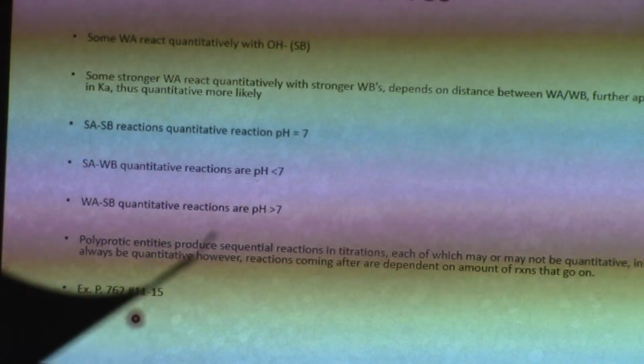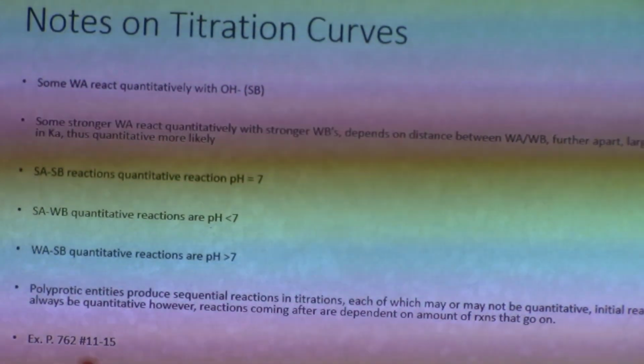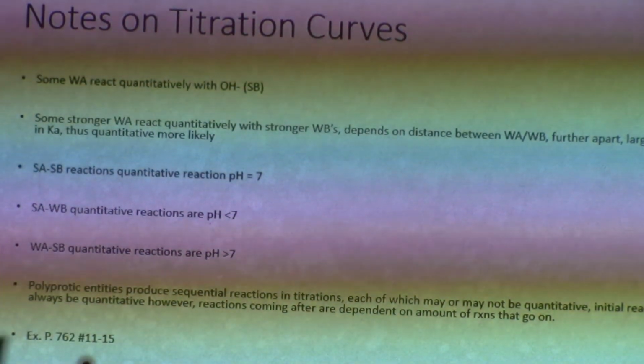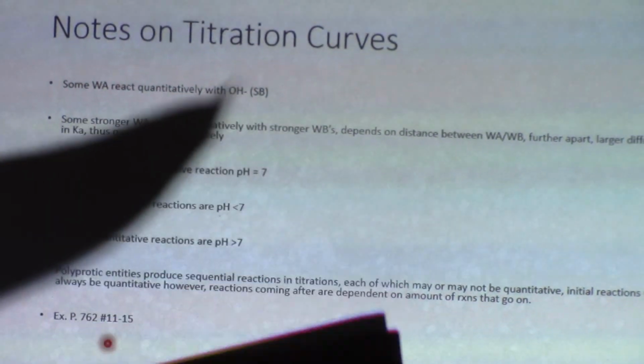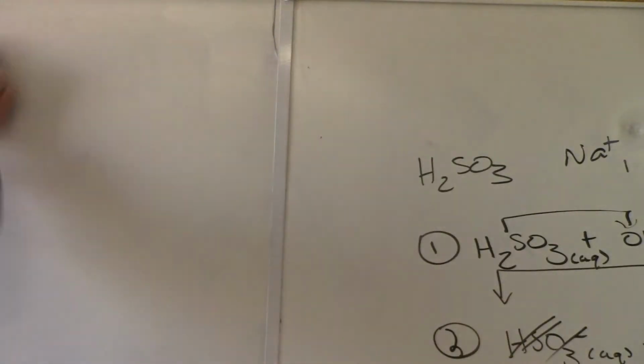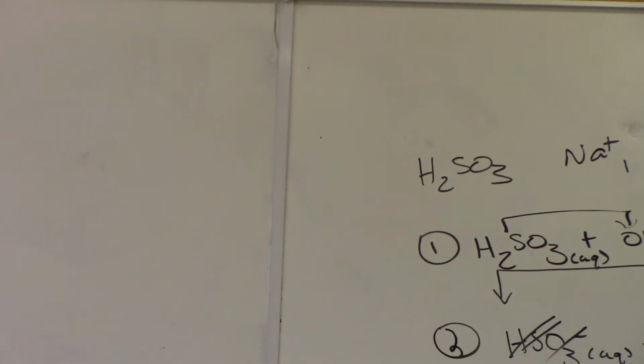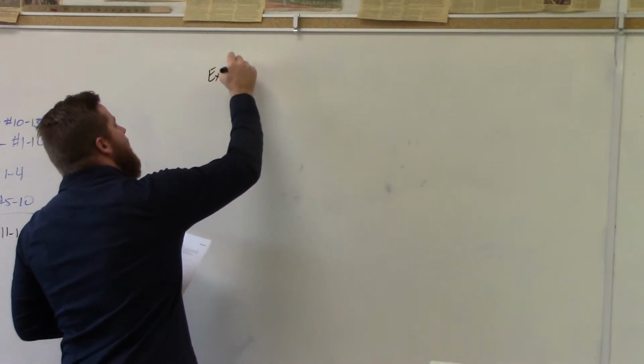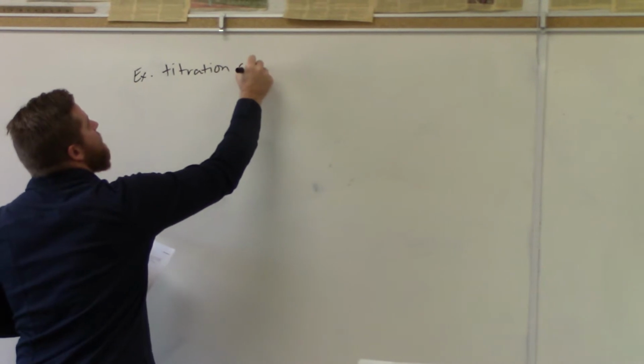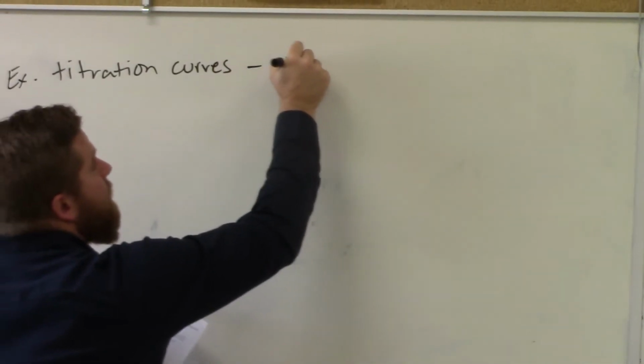Okay, so let me give you an example. Looking at these relationships between strong acids and weak bases and vice versa, examples of titration curves. Write the net equation.